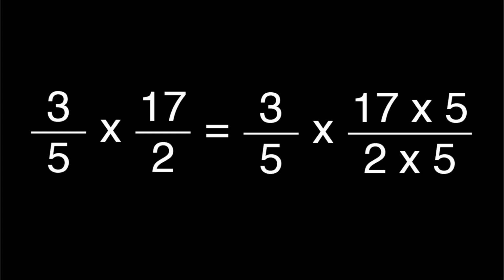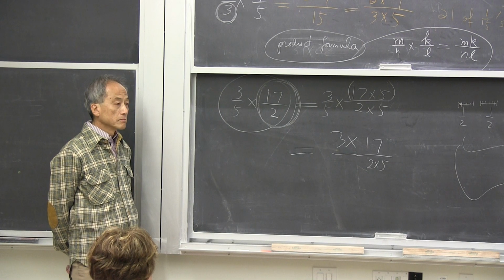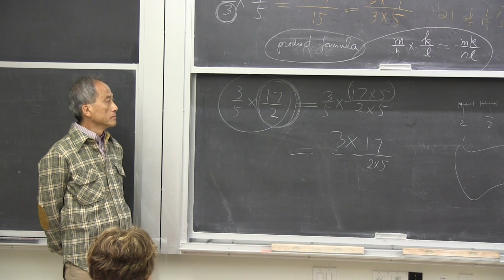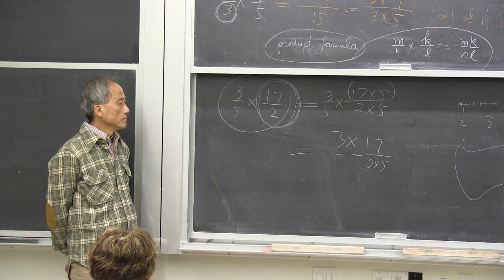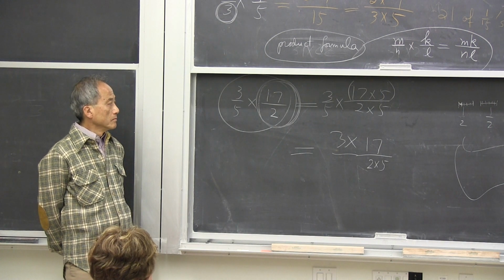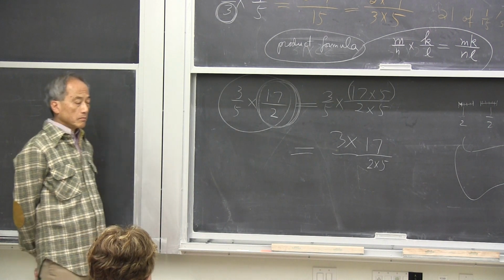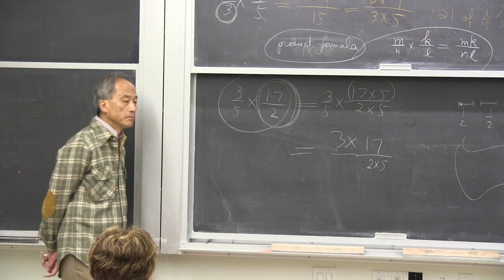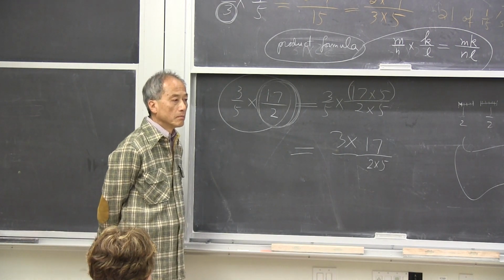When he went from 17 times 5 over 2 times 5, and then he dropped down and it says now that's 17 over 2 times 5. Your question was, I see that the 5 over 5 is times 1, but I think he did not write down the step that he was actually dividing that by 5.